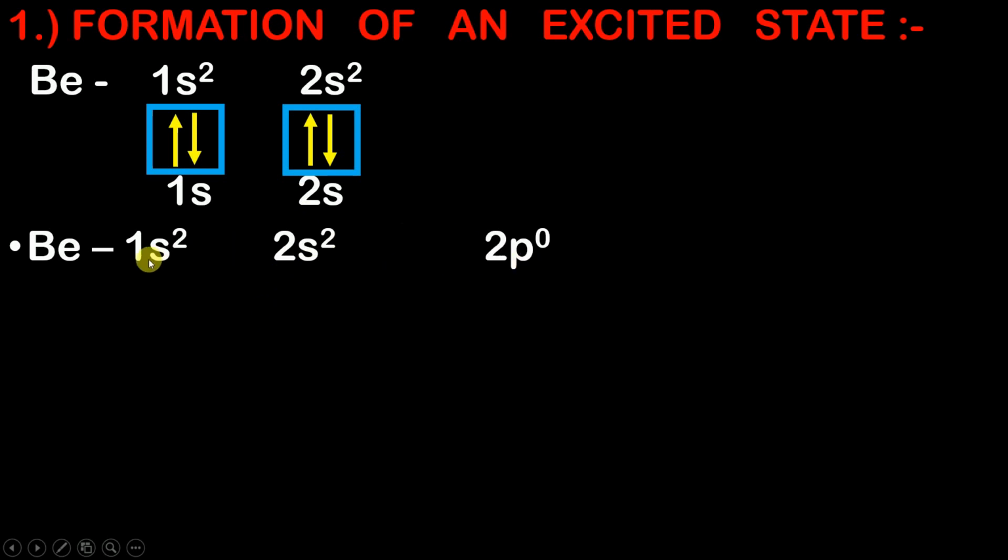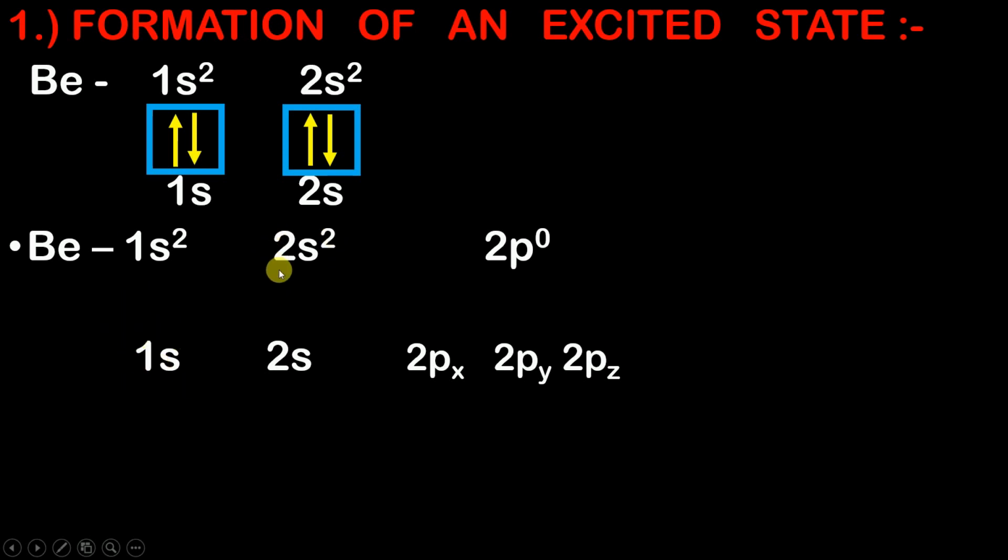But if you consider the first energy level, in the first energy level there is only an s subshell present. Now when you consider 1s2, we all know that in this s subshell there is only one orbital, therefore we give it the same name as 1s.